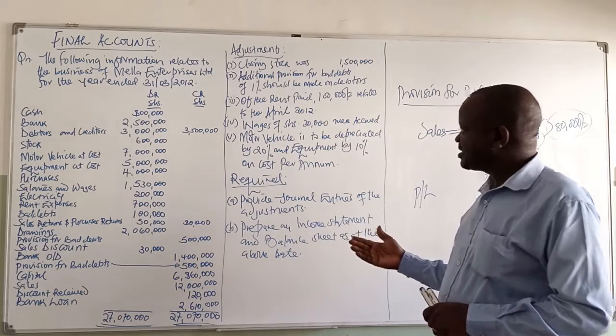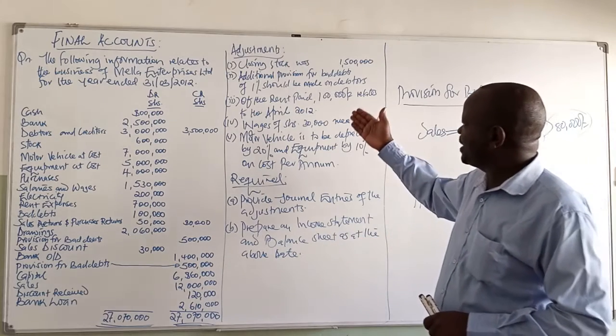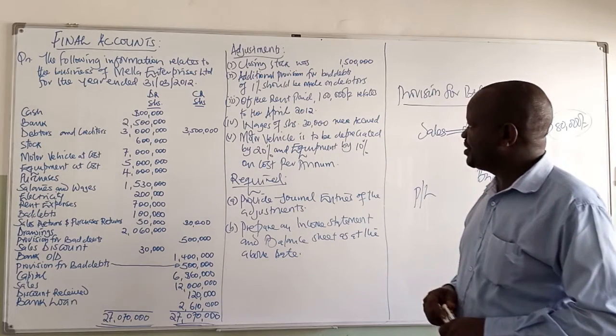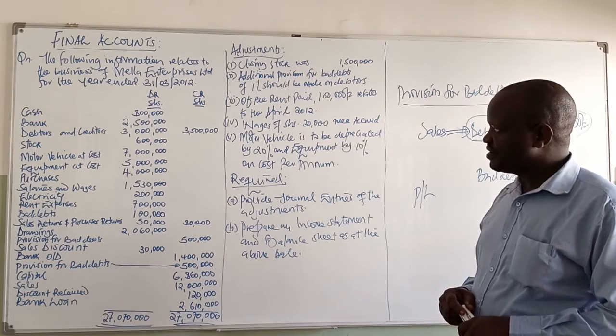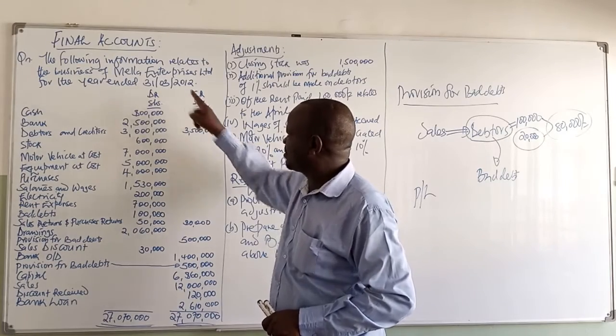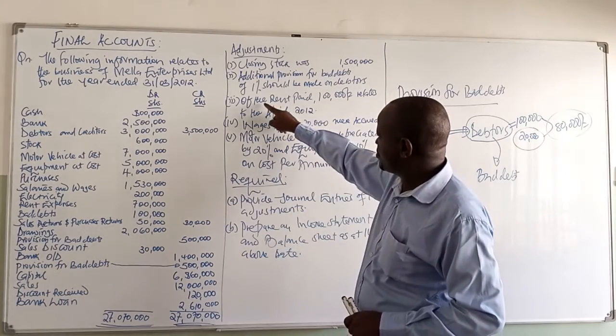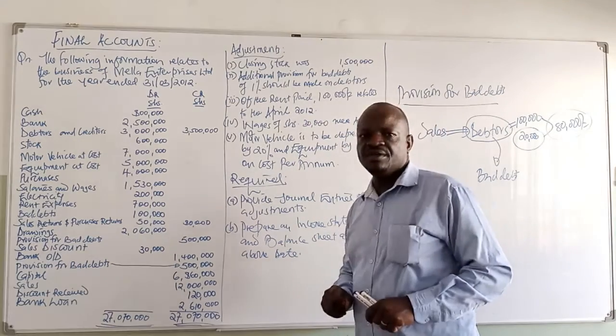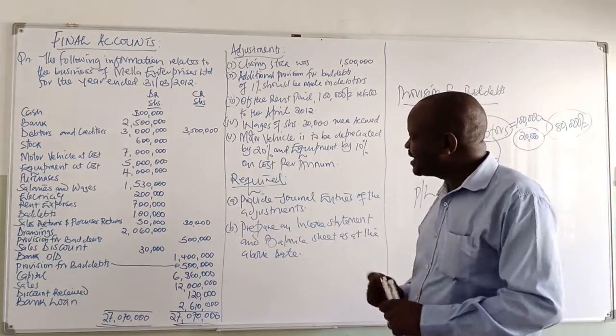Then they are also telling us that of the rent paid, 100 relates to April 2012. And remember our year ends on 31st March 2012. But they are telling us of this rent paid, 100 relates to 2012. Now what does that mean?